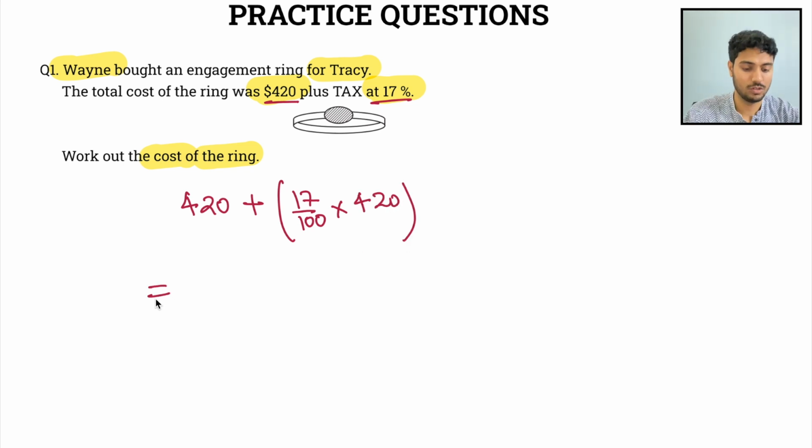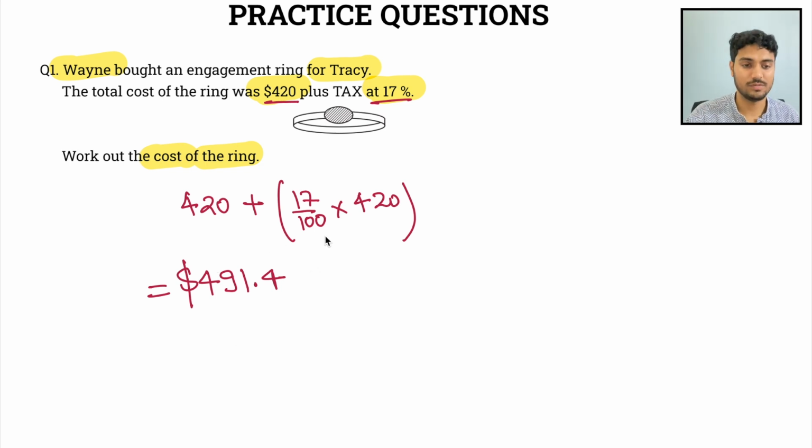So that is going to be how much? 420 plus 17% of 420, bracket close, and the answer is $491.4. This is the calculation. There's an easy way also.